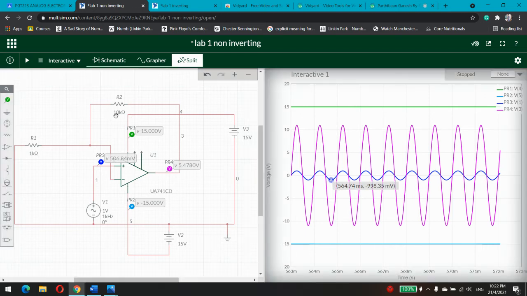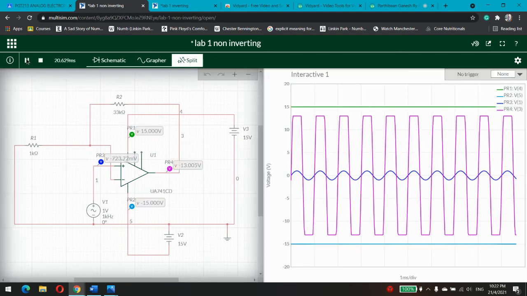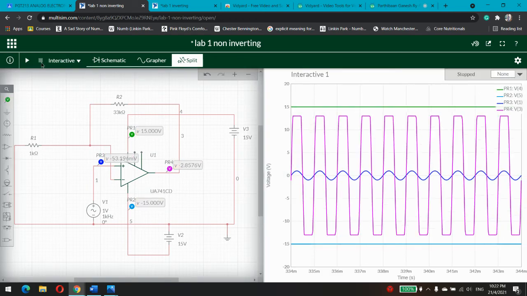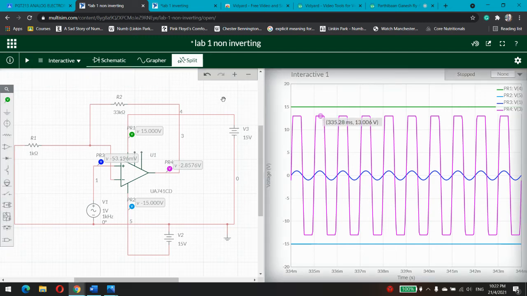Now we go for 33k. This is the experimental value. Now we have done the non-inverting and inverting.